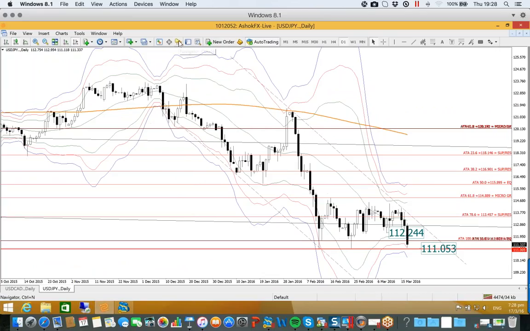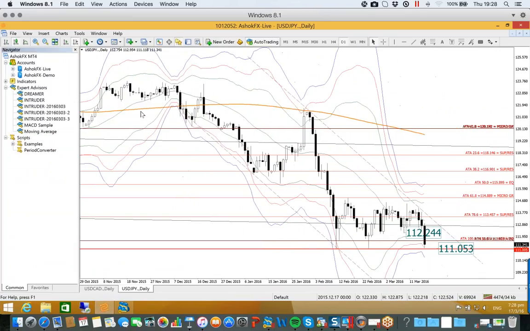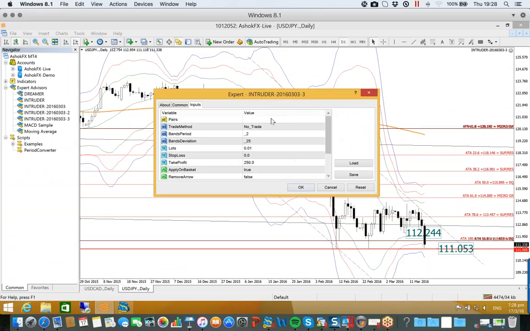Now, those are for the intruder. You can use the intruder. Drag and drop. So you're going to put dollar yen, JPY, dot, and I'm going to put oversold. I'm going to stick down to deviation 2. Don't change this one. The top one will change.